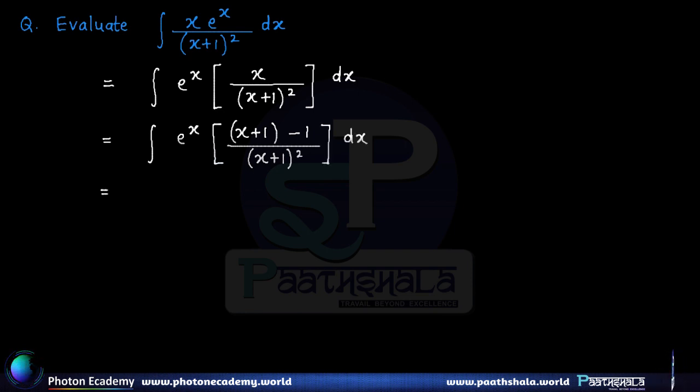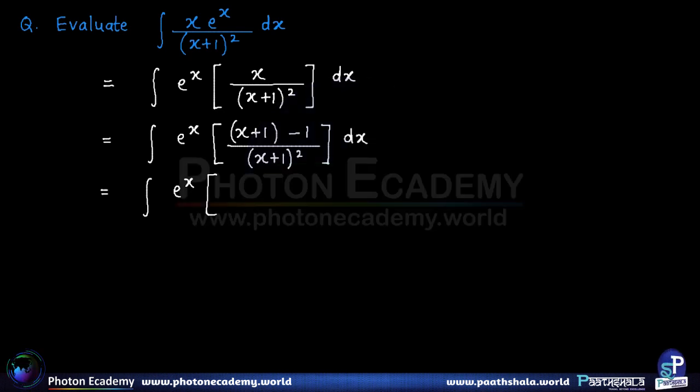Now see what happens if we split the two terms inside the bracket. The first term is x plus 1 upon x plus 1 the whole square. So cancelling x plus 1, we are left with just 1 upon x plus 1, and minus 1 upon x plus 1 the whole square, with respect to x.